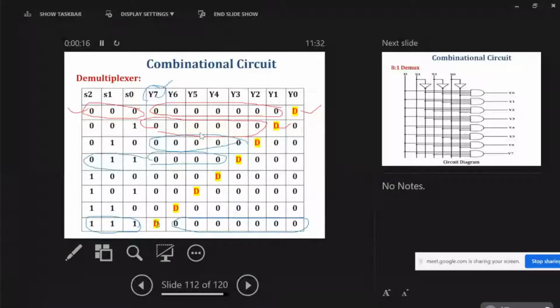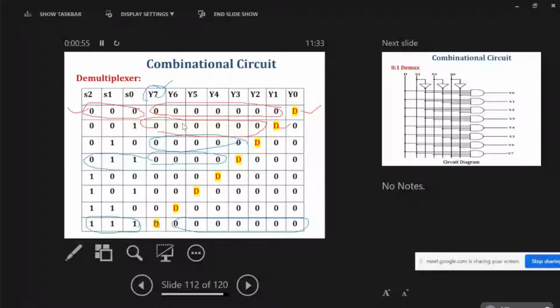Output will appear across these lines depending on the combinations of the selection lines. At a time, the output will go towards only one line. For the different combinations, because only three selection lines are here, we need to find out how many selection lines are there in that particular demultiplexer.